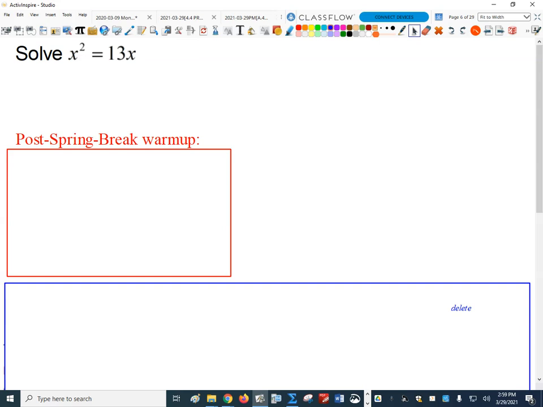So one possibility, we'll call this our first strategy here, would be to subtract the 13x to one side, and so it's all equal to 0. Okay, good. Is there anything else you could think of?